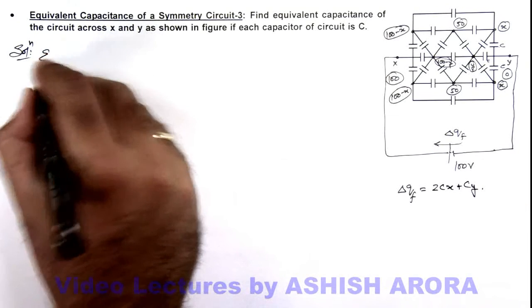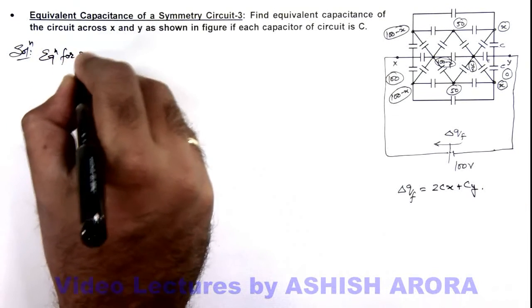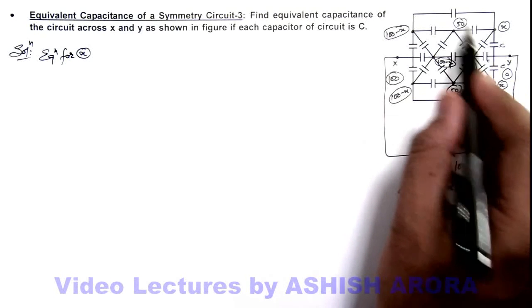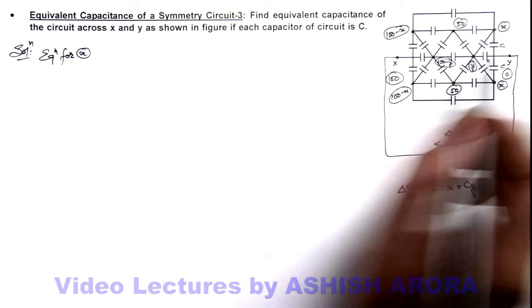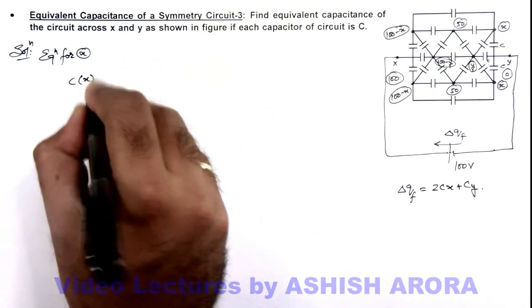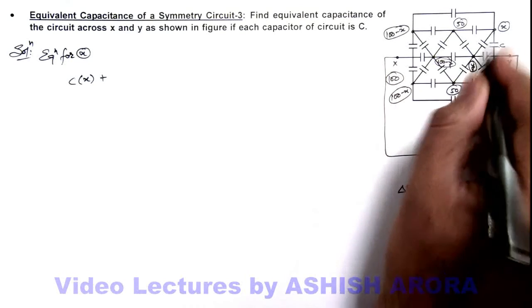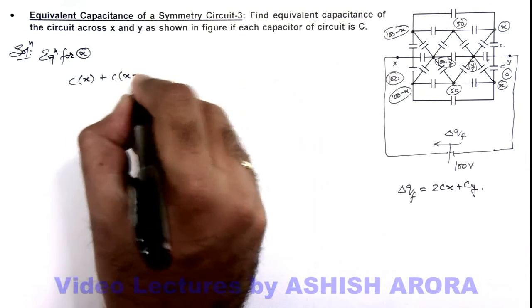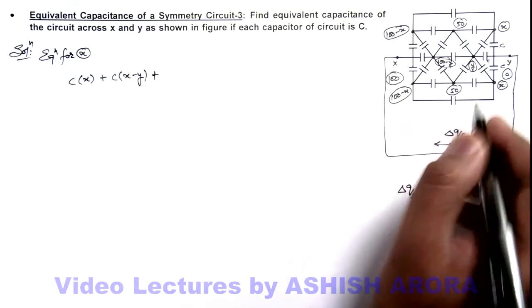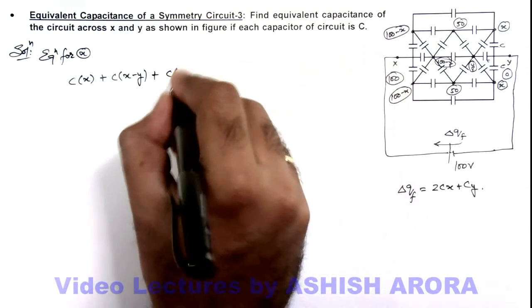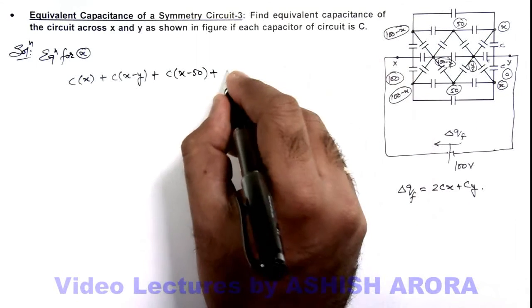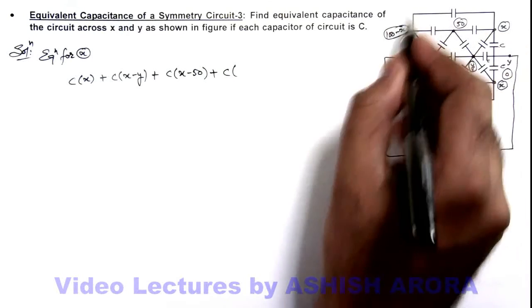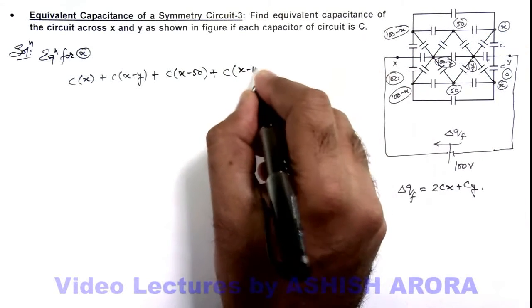So here if we write the equation for X, you can see for X there are 4 capacitor plates connected, of which the sum of charge should be 0. So here we write it as CX plus charge on this plate will be C(X minus Y) plus charge on this plate will be C(X minus 50) plus charge on this capacitor plate is C multiplied by (X minus (100 minus X)).